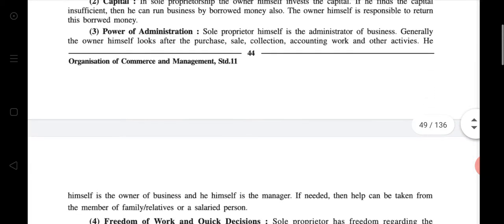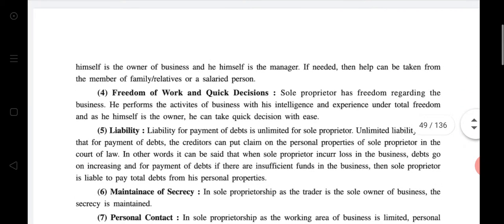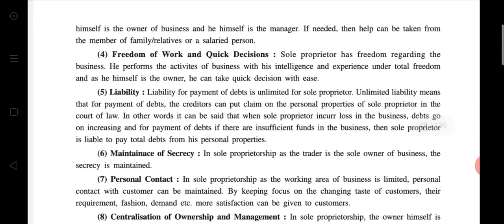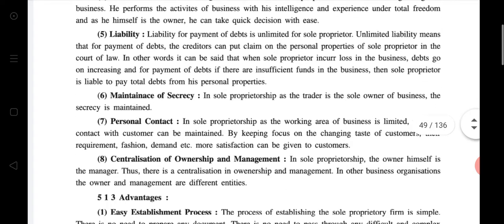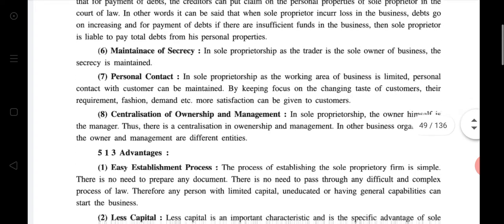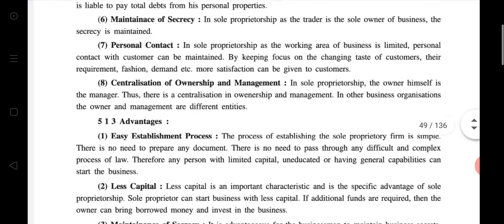Then power of administration, then freedom of work and quick decision, because only a single person handles the business, so decisions are taken quickly and easily. Then liability is unlimited in sole proprietorship. Then maintenance of secrecy, then personal contact and also centralization of ownership and management.